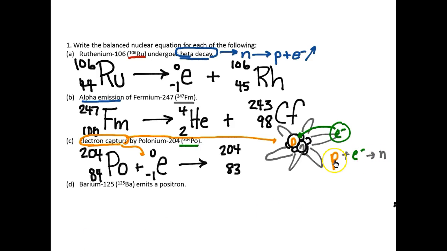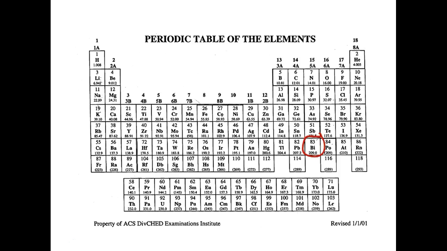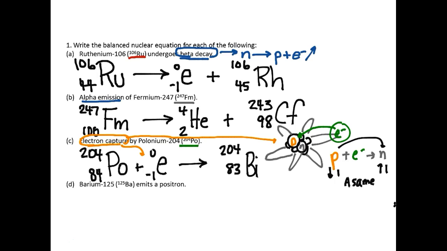That means the number of protons goes down by 1, which it does. The number of neutrons goes up by 1, but because one nuclide converts into the other, the mass number stays the same, 204. So protons go down by 1, neutrons go up by 1, the mass number stays the same. Bismuth is number 83, so this is the finished nuclear reaction here.